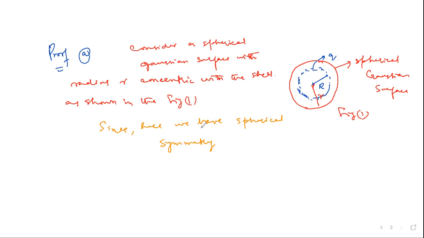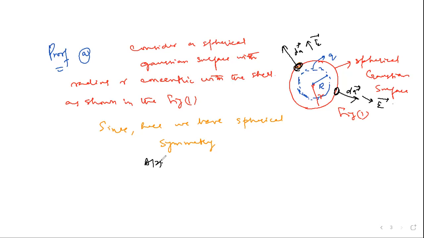Due to that, the electric field outside this positively charged shell will be only radial. That will have only a radial component. So if, let me use a different color, at one patch of the Gaussian surface this is the dA vector, similarly there will be a directed E vector. And this will be true for any area patch of the Gaussian surface. Area vector and electric field will be outward, right? Because of the spherical symmetry.